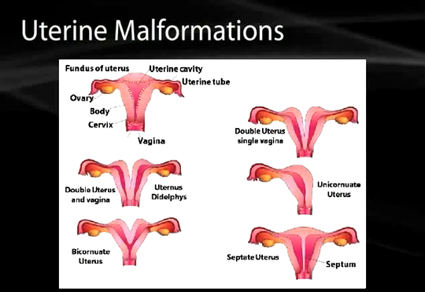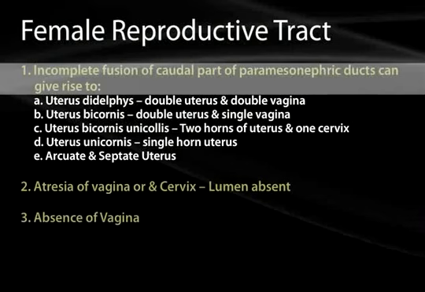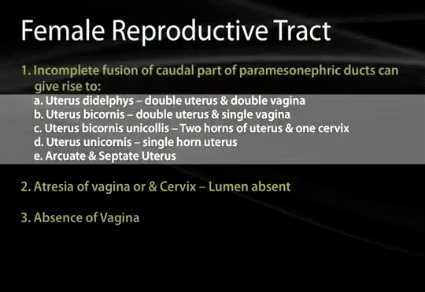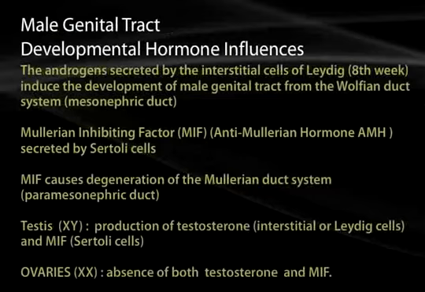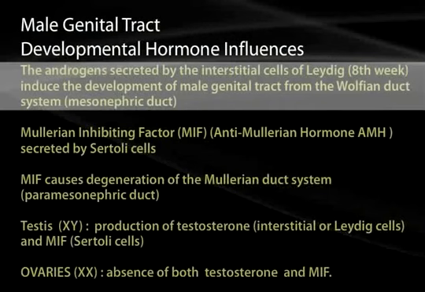Then you can have a septate uterus, which would be a fusion on the outside, but a loss of the cell death that would take the septum away from those two. So there's a few options. Incomplete fusion of the paramesonephric duct will give rise to those following possibilities, and we've just put them out in words here of what we just talked about in visual form prior.